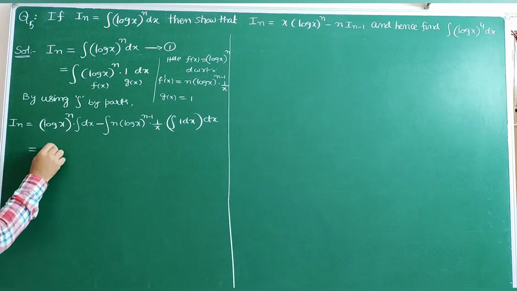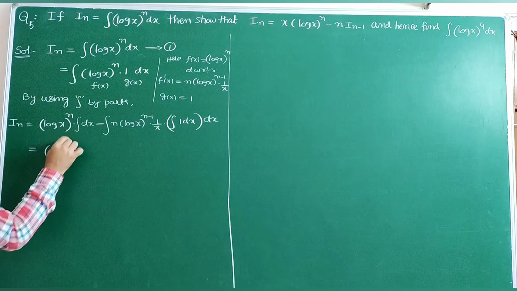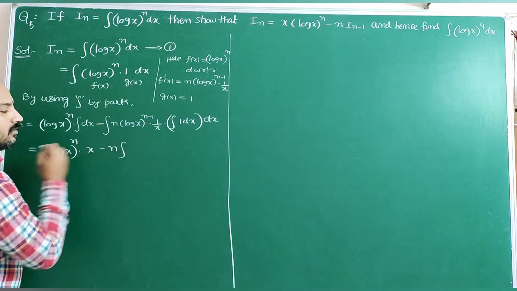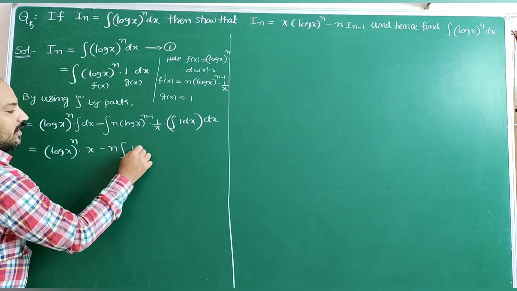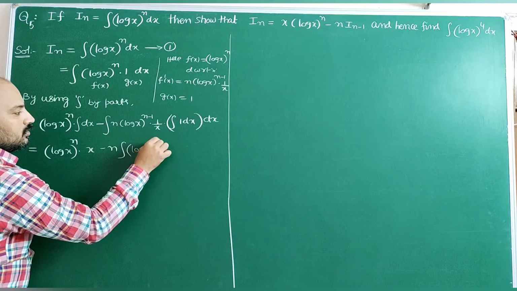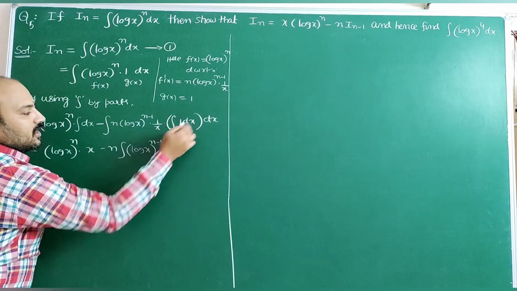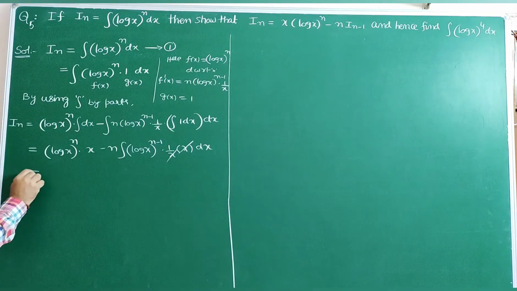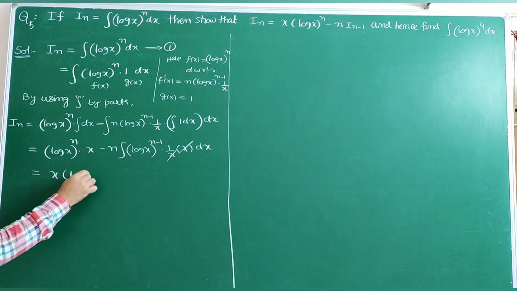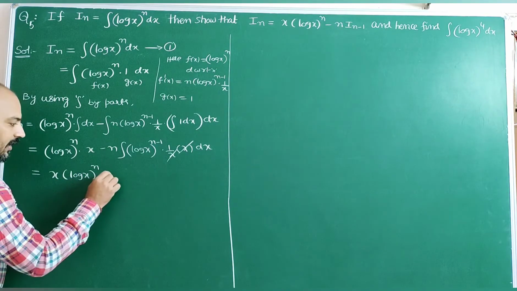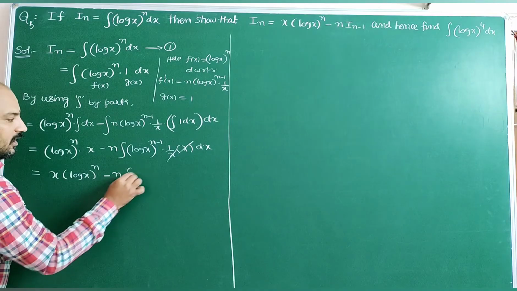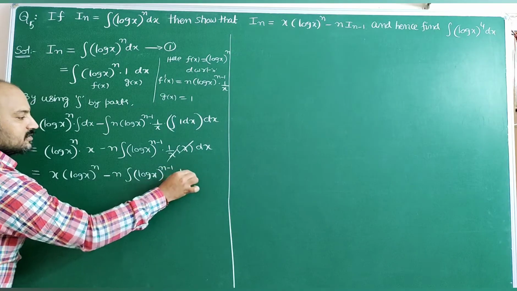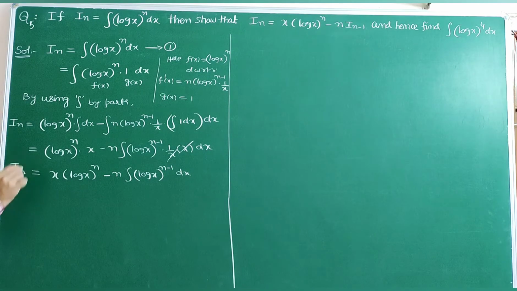So which is equal to (log x) whole power n, integral dx is x, minus n, take common, we can take outside, (log x) whole power n minus 1 into 1 by x, integral dx is x into dx. Here x gets cancelled. So x into (log x) whole power n minus n into integral of (log x) whole power n minus 1 into dx. This is In.